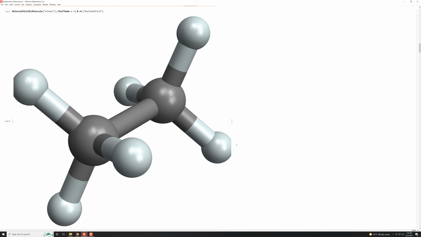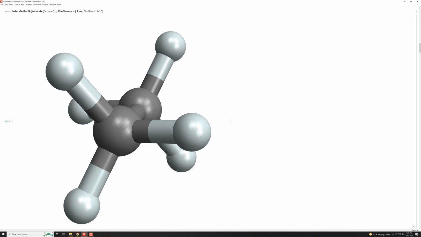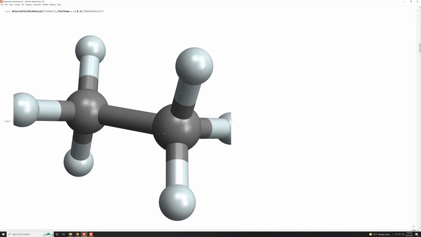So down below, we have the next one in our list, which was, remember, methane was the first one. This one is ethane. So there's 2 carbons here, and notice that the carbons are each connected to 3 hydrogens, 1 on each end like this. And so you can see that each carbon, which is the dark gray, is connected to 4 things. It always wants to form, or almost always wants to form, 4 different bonds.